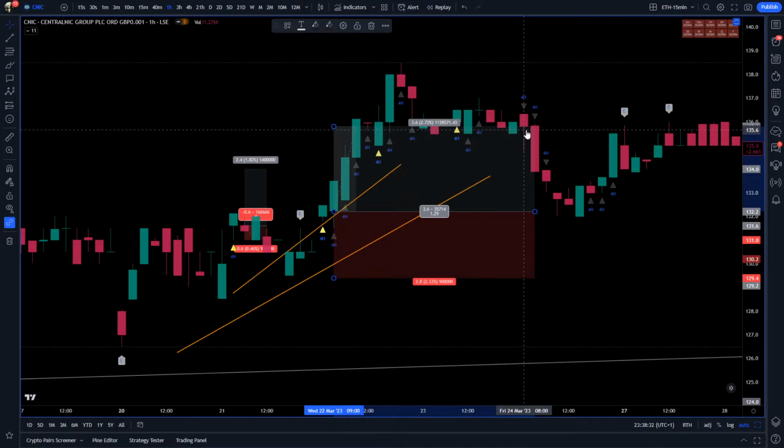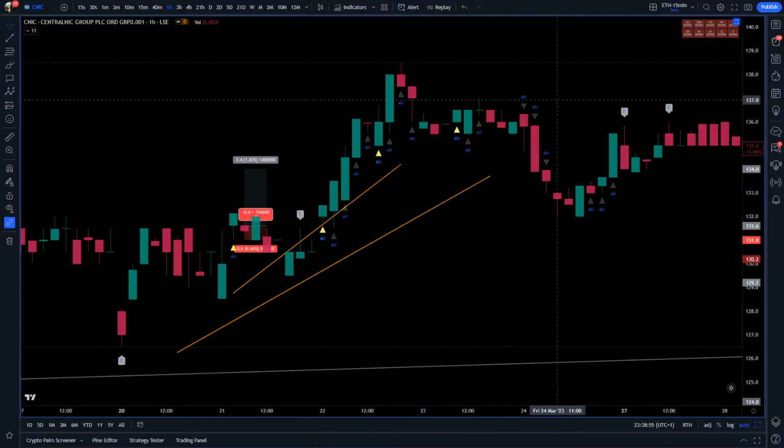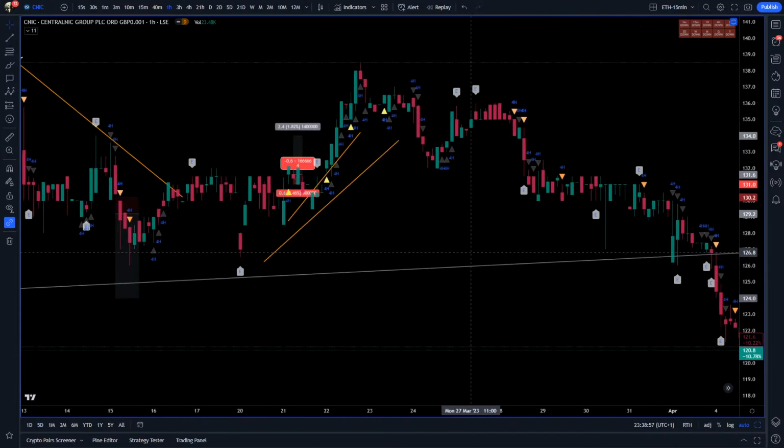At this point, this exit signal will tell you to close your long position, because there's a break of structure and there's a clear breakdown of the 4-hour uptrend, and you should be closing your position whether you make profit or not. In this case, we made profit. So that's for intraday trading.